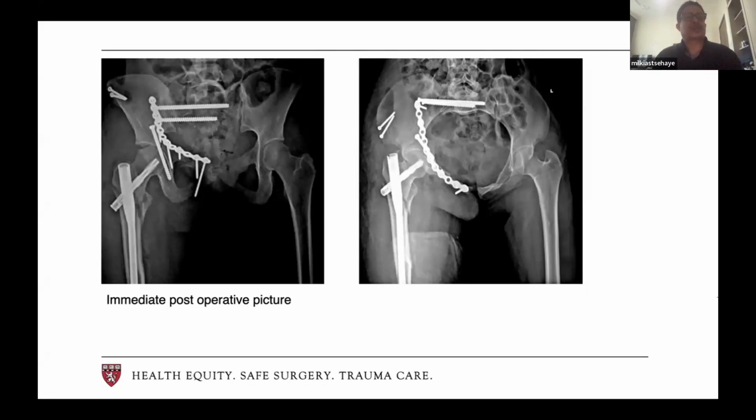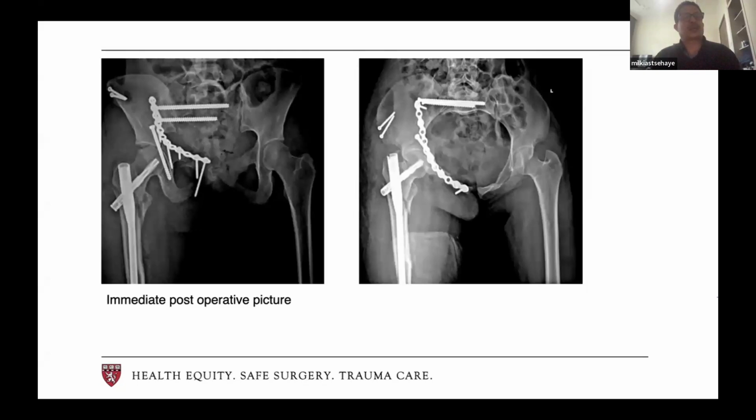So I would keep the patient non-weight-bearing for about 10 to 12 weeks, and probably start touch weight bearing after 6 weeks if the patient is able to do so. Otherwise, in such complex fractures, I would encourage passive or active range of motion of the hip and the knee, and delay the weight bearing.